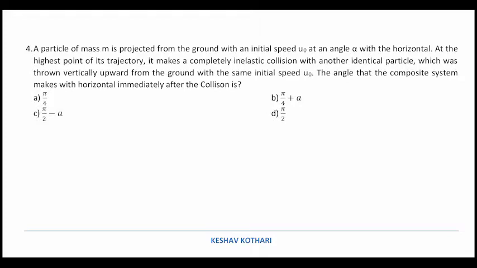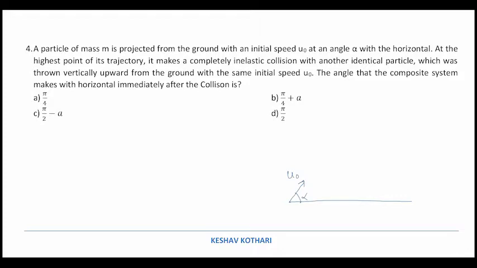So if we consider this problem, we are considering two aspects of the problem. The first one is the particle that is projected from the ground. So the mass m is projected with an initial speed of u0, making an angle alpha with the horizontal.